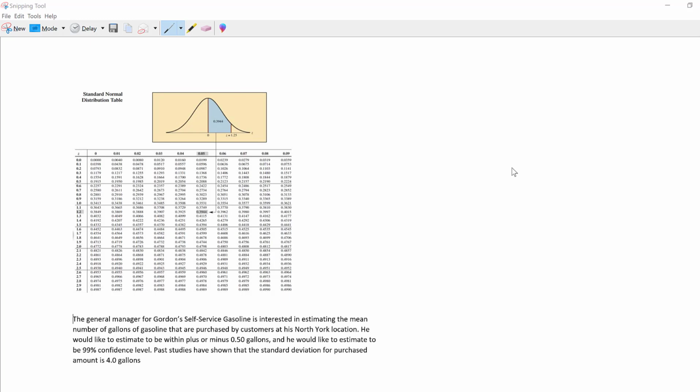Based on our formula for margin error, we have that the margin error is the critical value for the desired level of confidence, z at alpha over 2, times the standard deviation of the entire population divided by square root n, where n is the sample size.